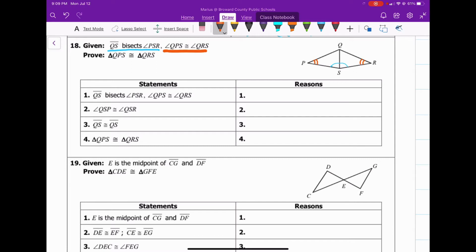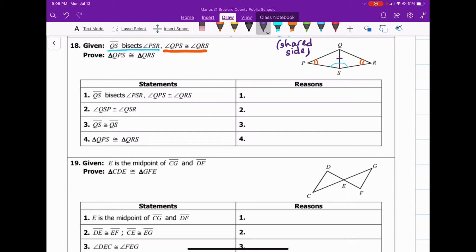Now, the last thing we need to do that they didn't tell us, but it's indirect, is that QS is also an example of a shared side. QS is where we have our reflexive property. So in this diagram over here, I'm going to just put shared side.